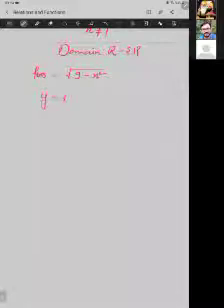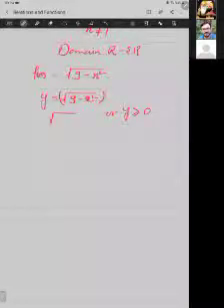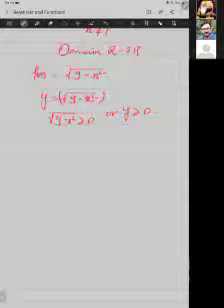I can write y equals to under root 9 minus x square. That means y will always be greater than or equal to 0, because root cannot give us a negative value. Root is giving us the positive result always.